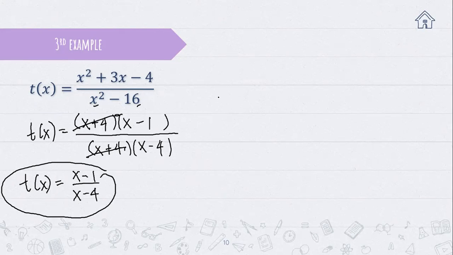O, let's check ha. So, we have T of X is equal to X minus 1 over X minus 4. Paano na nga kukunin pag X-intercept? Yung numerator.